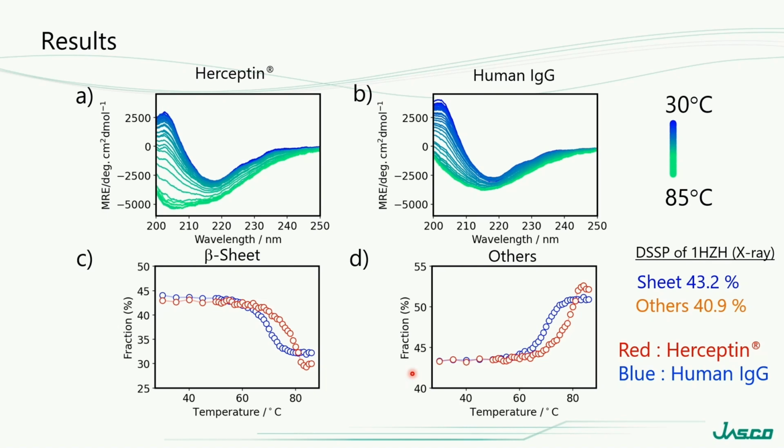The fraction of beta strand decreased, while the fraction of others increased with heating for both Herceptin and human IgG. Tm for Herceptin and human IgG estimated from these curves was consistent with previously reported values.